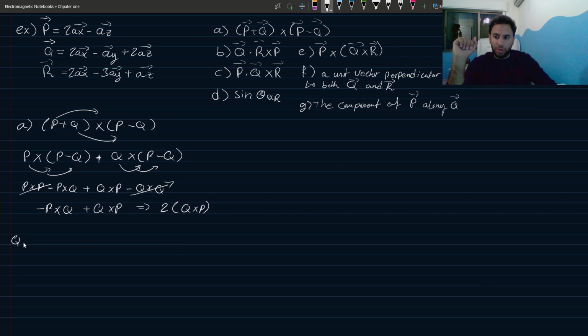So Q cross P is equal to a determinant with ax, ay, az. The first vector is Q, so we put the components of Q first. We do 2, minus 1, 2. We got the components from here.